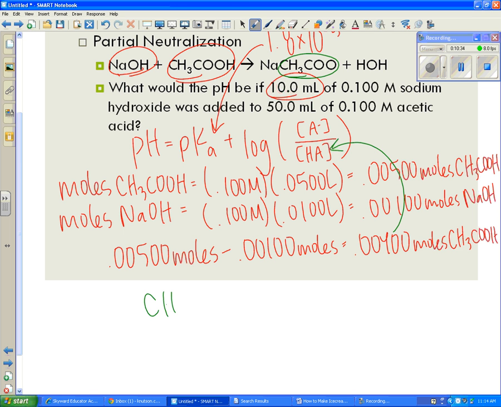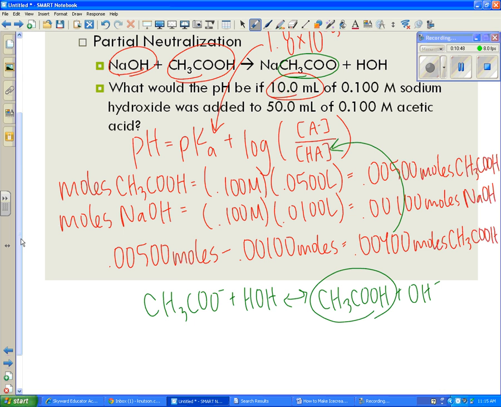And when the negative ion in that salt reacts with water, won't acid be produced as well? So we not only have the unreacted acid, but we also have some acid produced from the salt reacting with water.